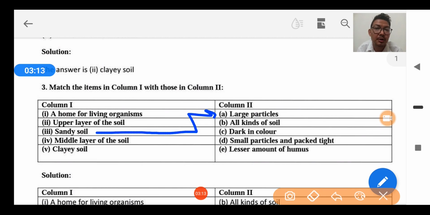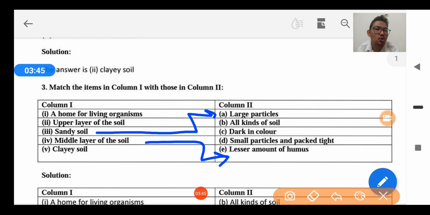Now question number 3 part 4, middle layer of the soil. Here the middle layer of the soil has a lesser amount of humus, because the middle layer is not directly in contact with the organic matter, unlike the first layer. So it should match with point E. Next is clay soil, and now only one point is left.